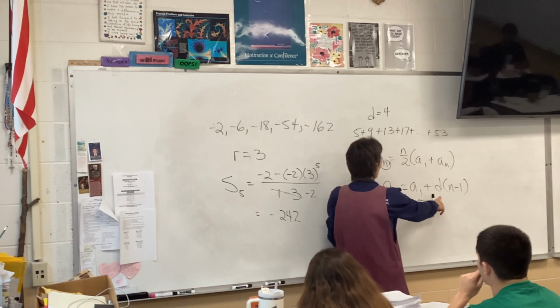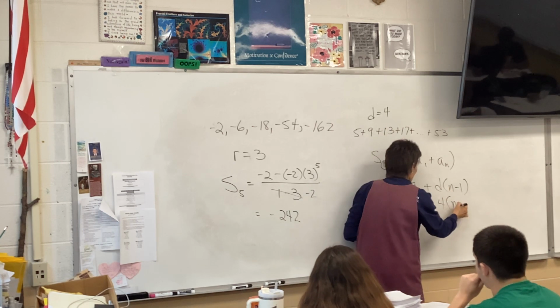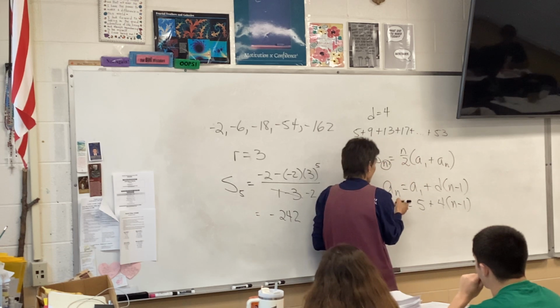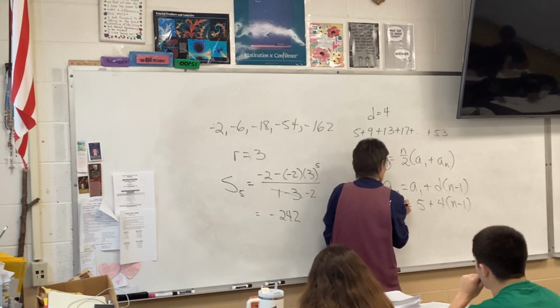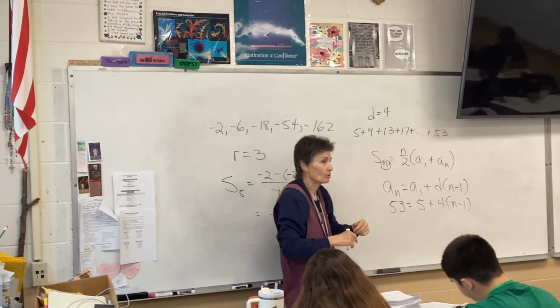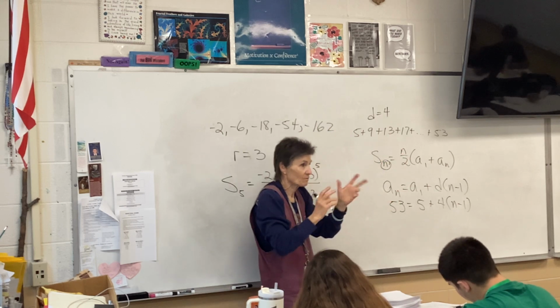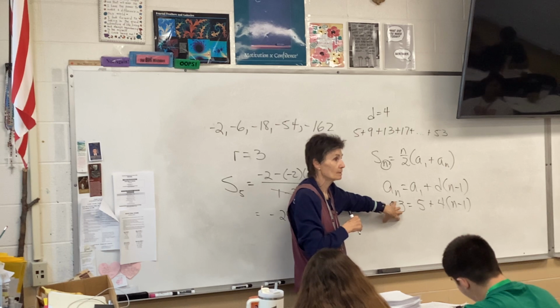Do I know my common difference? 4. I don't know n, that's the problem. But I do know that the nth term is 53. This is the last term, the nth term.